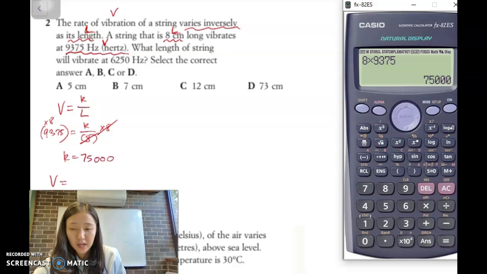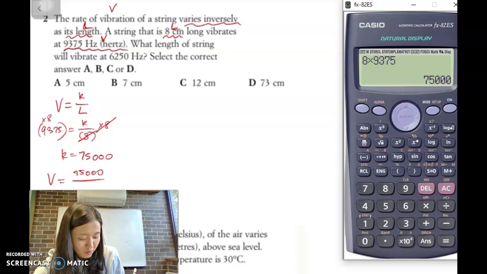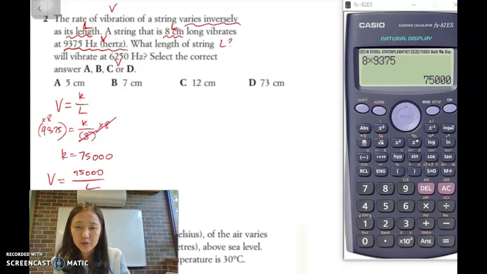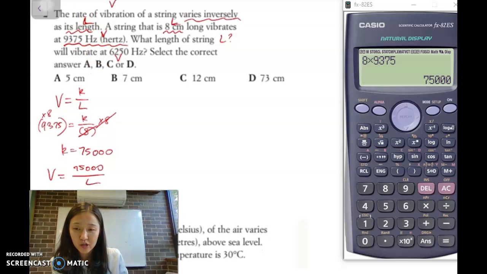So my specific equation is V is equal to 75,000 over L. My actual question is what length of string will vibrate at that many hertz? So we're finding out what L is when V is that. Let's substitute that into our equation.